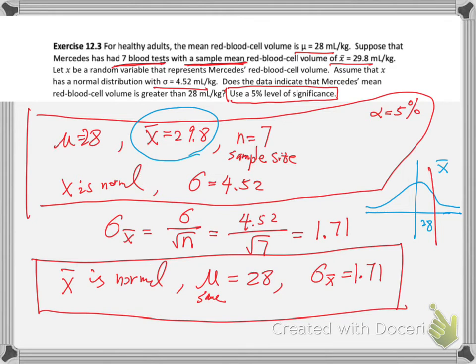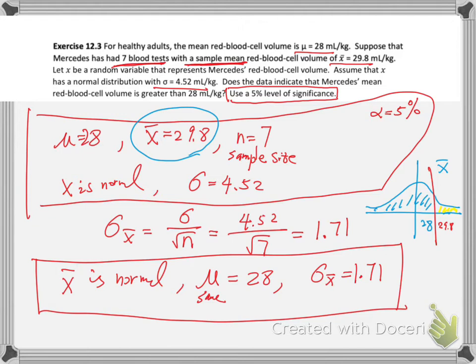We got this new cutting line, 29.8. Now we don't know which direction we should go. Do we want the blue area to the left of the cutting line, or the yellow area to the right of the cutting line?